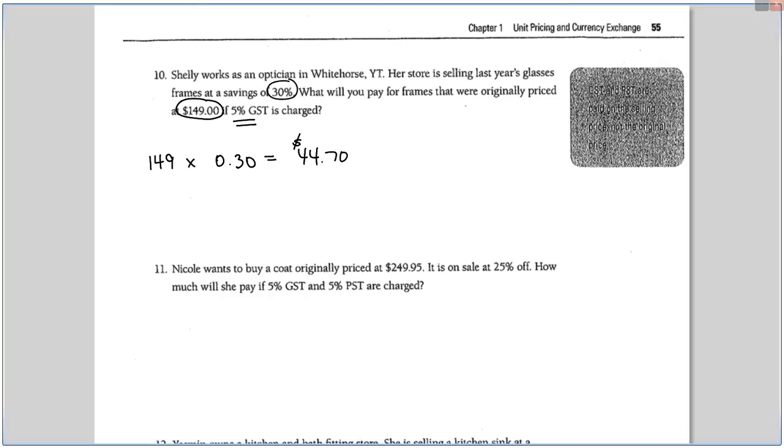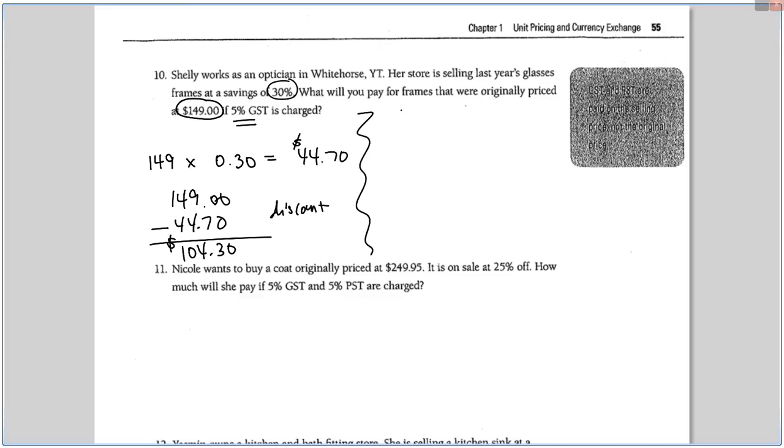So with a discounted percent, you subtract, so 149 take away 44.70, $104.30. So that's the discount.